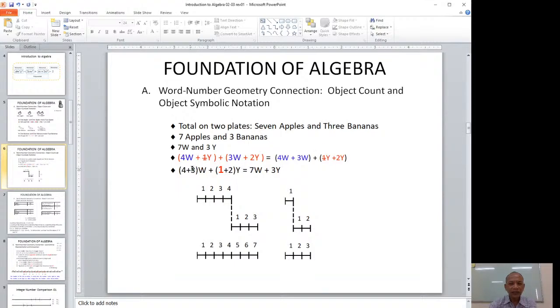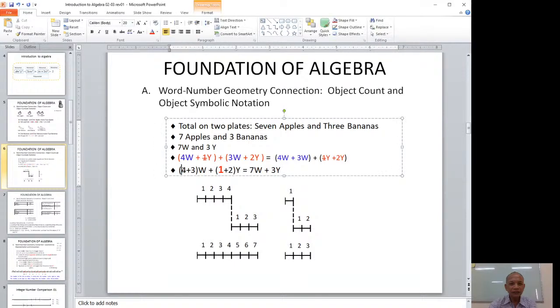So now this 4 and 3 make 7. 4 plus 3 equals 7, and 1 plus 2 equals 3.